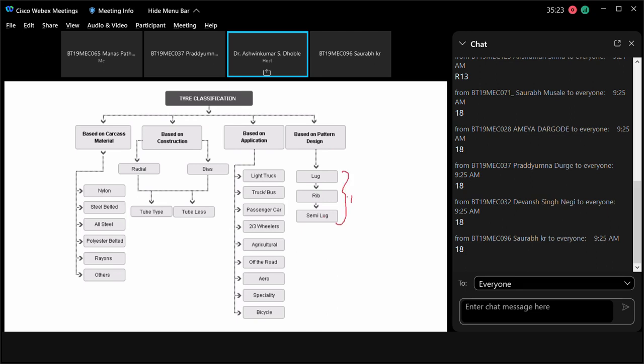Please understand that the main classification is based on construction, that is radial and bias ply. Tires with tube and without tube come in both; they can be radial or bias ply. The other applications are just for information, not of much use. It gives you the idea that a tire can be classified in these four ways, but the important one is the construction, which is the major classification as far as passenger cars are concerned.